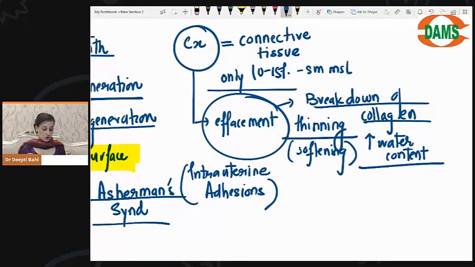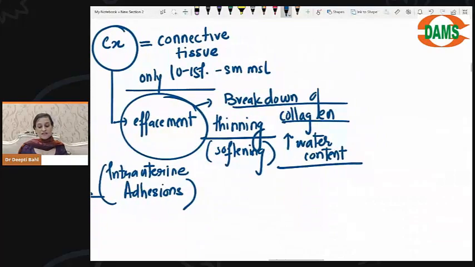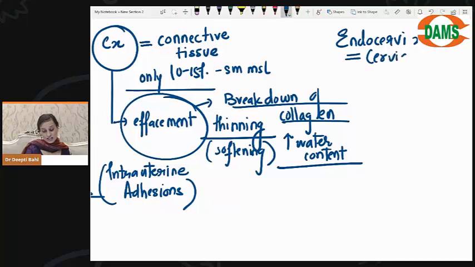So although the cervix is very much a part of the uterus, it is made in a different way. Also, you have to remember that the cervix has a canal inside. There is a region of the cervix which is called the endocervix, which is nothing but the cervical canal.